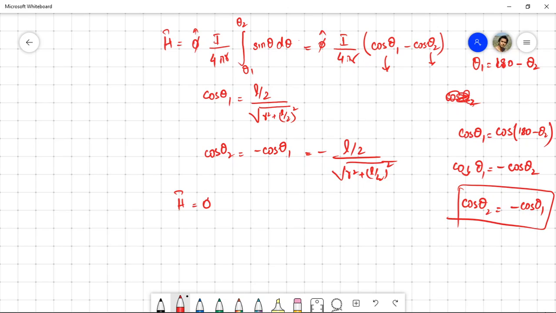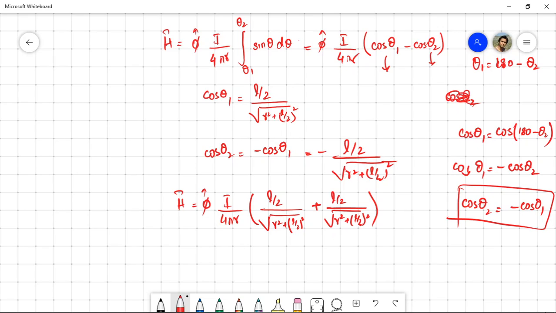H is equal to phi hat I over 4 pi r times L over 2 divided by the root of r square plus L over 2 whole square, plus L over 2 once again divided by the root of r square plus L over 2 whole square.